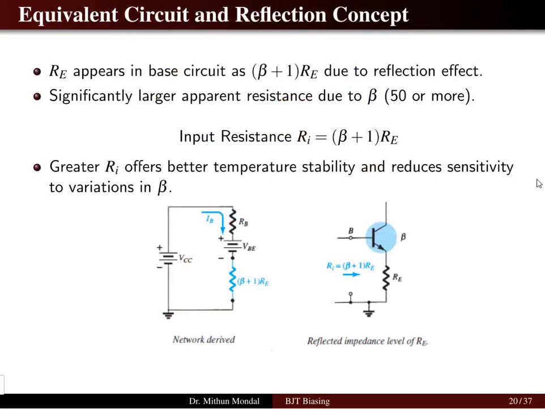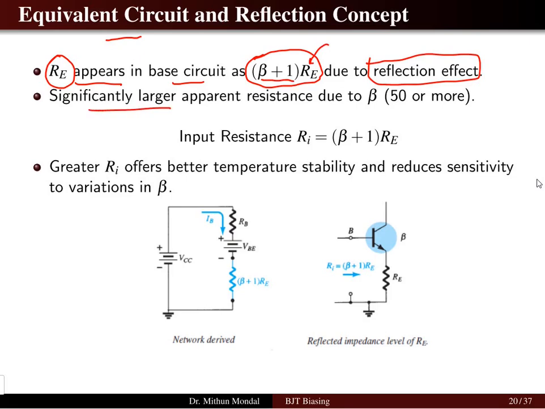If we look at the equivalent circuit, it appears as if the resistor RE in the emitter circuit has changed into beta plus 1 into RE in the base circuit, and this is due to the reflection effect. The resistor RE multiplied by beta plus 1 is quite a significantly larger value because the beta value lies in the range of 50 or more.